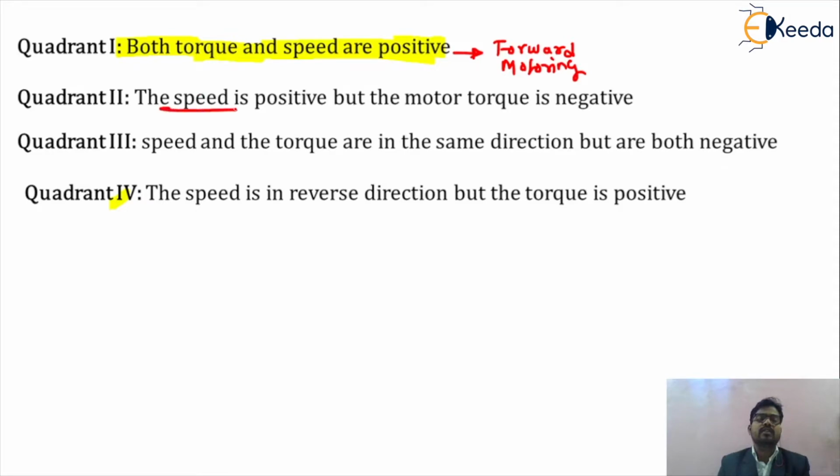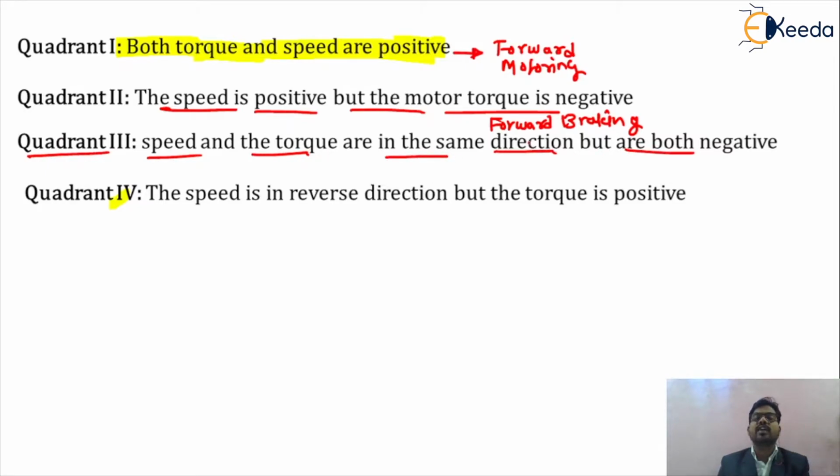When the speed is positive but the motor torque is negative, the direction is the same, so it is called forward braking. In the third quadrant, the speed and torque are both in the same direction but both negative, so it is reverse motoring. And in the last, the speed is reverse but the torque is positive, so it is called reverse braking.